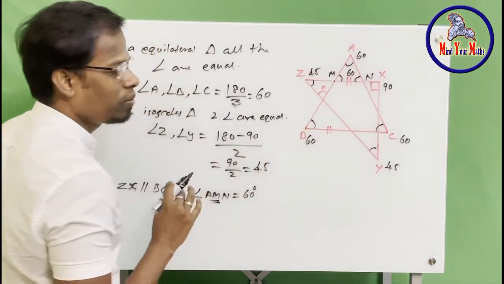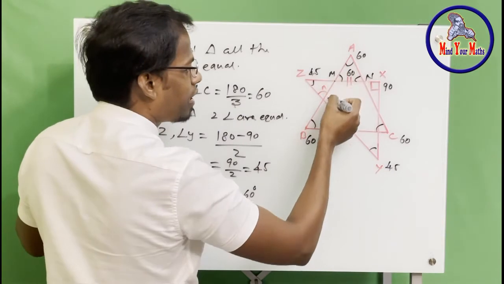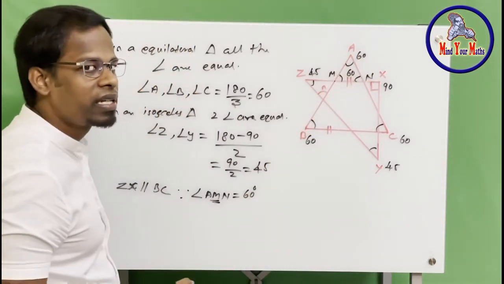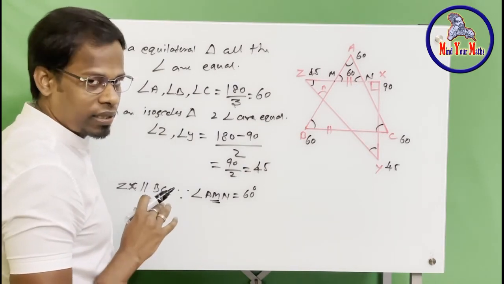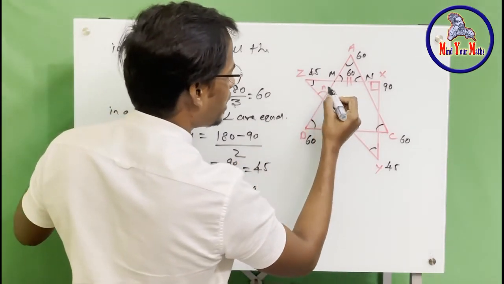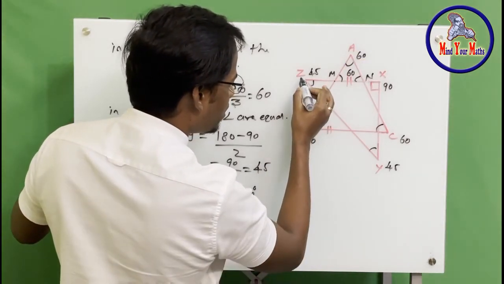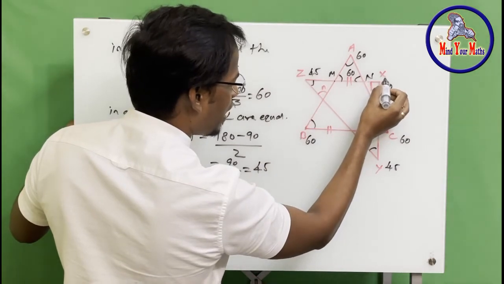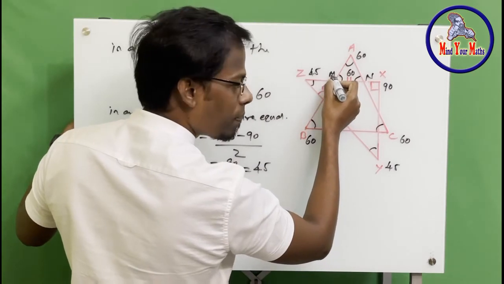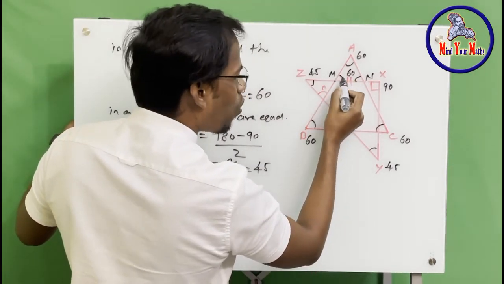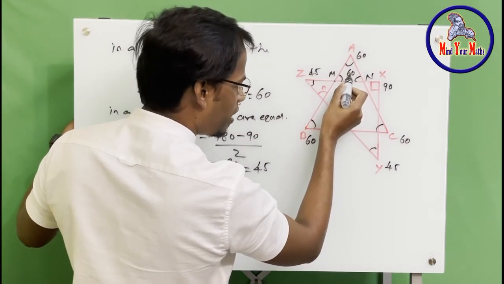You see here, according to Euclidean theorem, any two lines that are intersecting will form equal opposite angles, right? What it means is that, you see here, AB is one line, and ZX is another line. These two lines are intersecting at point M, and on one side of the intersection, it forms 60 degrees.